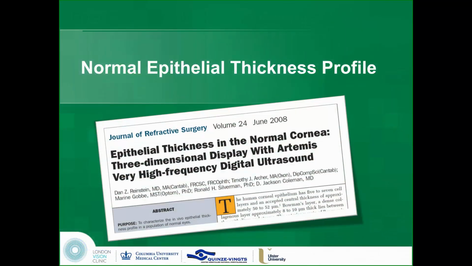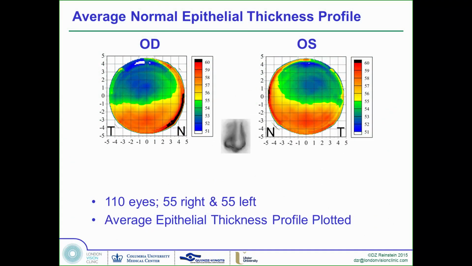So if we now go to understand what is the normal thickness profile of the human cornea, the first publication ever to show this in vivo was our paper in 2008 in the Journal of Refractive Surgery, where we demonstrated for a series of 55 patients, that's obviously 110 eyes, 55 right eyes, 55 left eyes, and we averaged the thickness profile and found that the mean thickness for this population was very similar to what we'd published 15 years before.